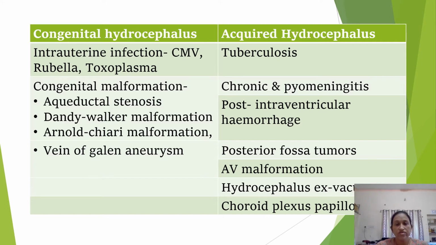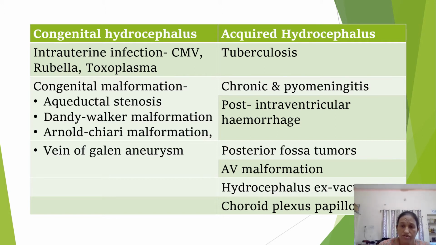Then acquired hydrocephalus means the disease is acquired after birth, and that leads to hydrocephalus. Tuberculosis is one common cause in our country which commonly leads to communicating type of hydrocephalus. Then chronic and acute pyogenic meningitis may be a cause. It may be a sequelae of intraventricular hemorrhage.